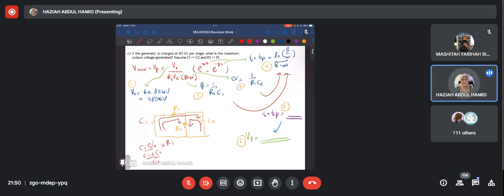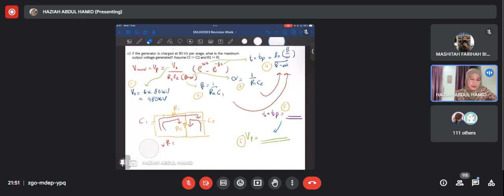So kita dapat T1, time constant T1 tu R1 C1 times C2 divide by C1 plus C2 kan. So C1 tu larger than C2. So yang dekat denominator akan jadi C1 only lah. Betul tak?